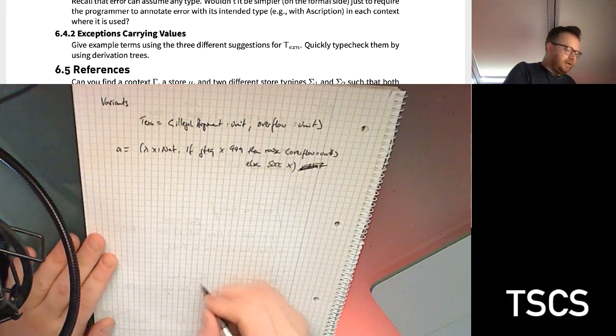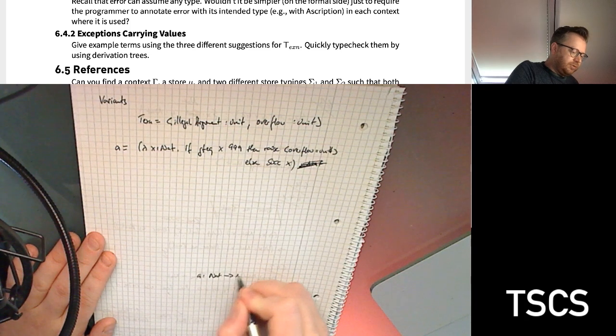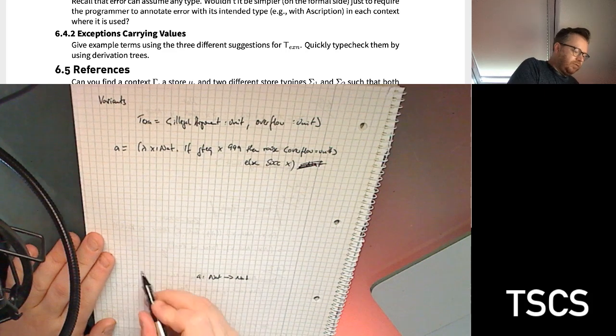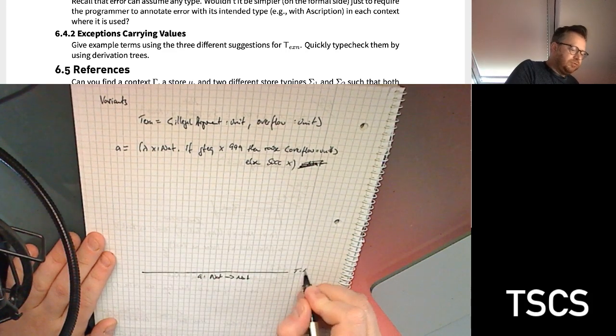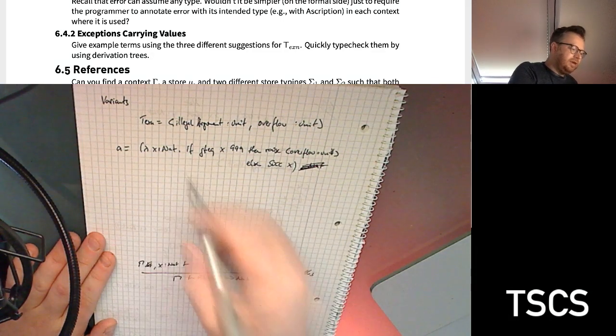And we say that a is of type natural number to natural number. Of course, we start with the abstraction rule and say the return type, and then the inner part.